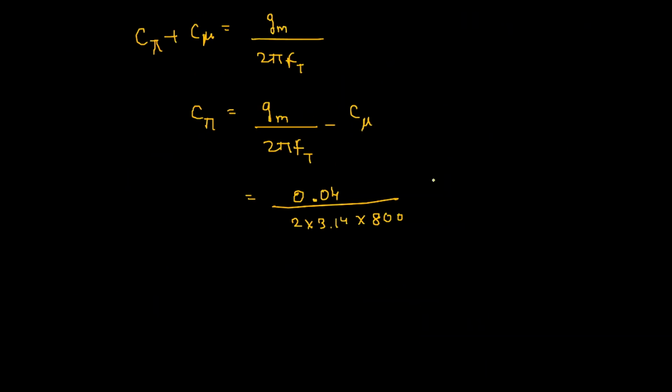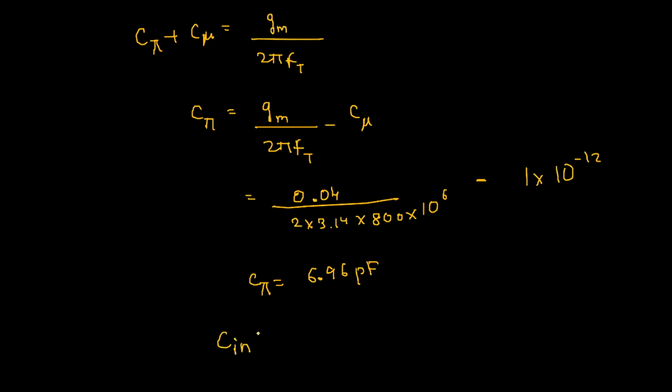So I can use that here, 800 into 10 to the power 6 minus 1 into 10 to the power minus 12. From that I get C pi is equal to 6.96 picofarad.